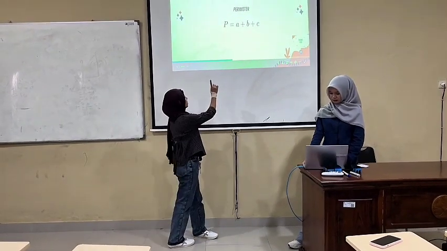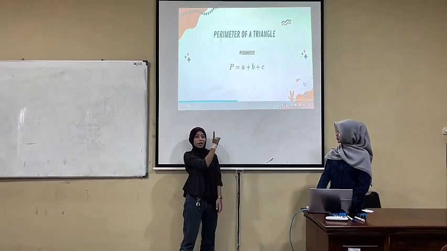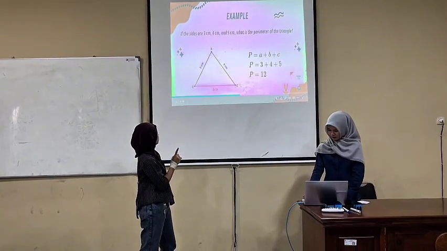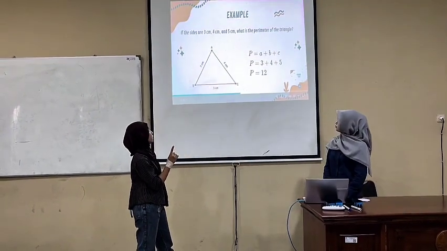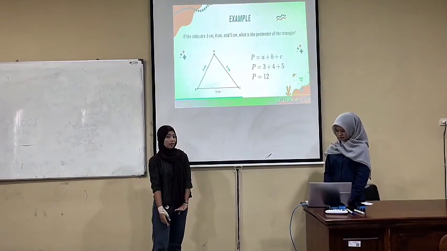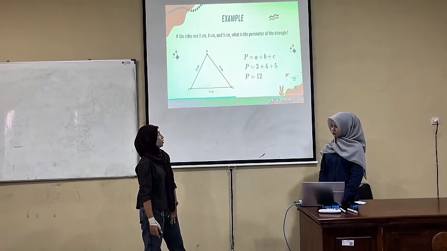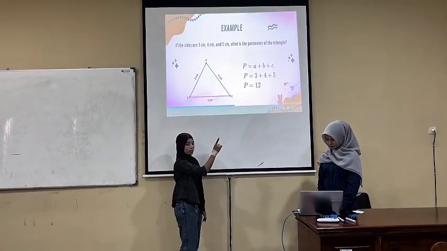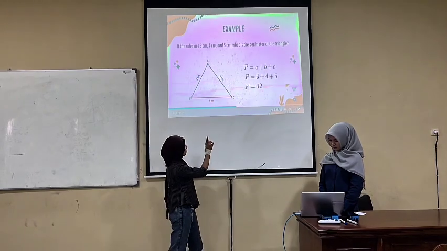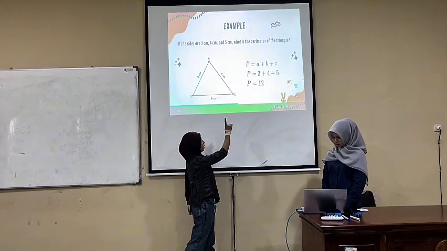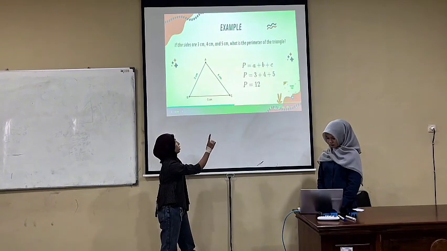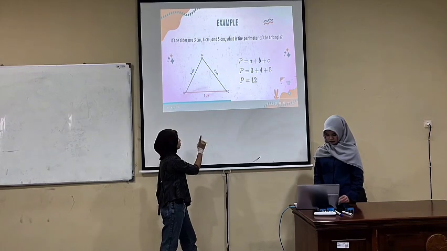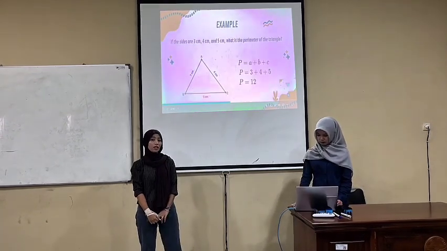The formula is side A plus side B plus side C. For example, if the sides are 3 cm, 4 cm, and 5 cm, what is the perimeter of the triangle? Side A is 3, side B is 4, and side C is 5. 3 plus 4 plus 5 is 12. So the perimeter is 12 cm.